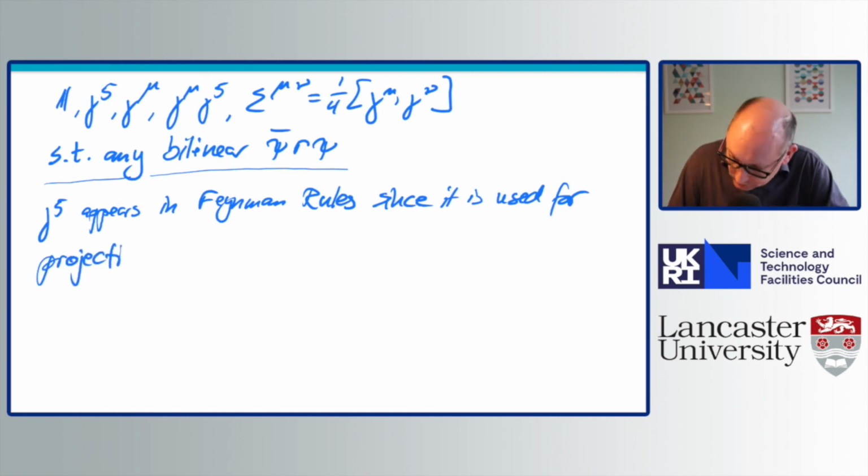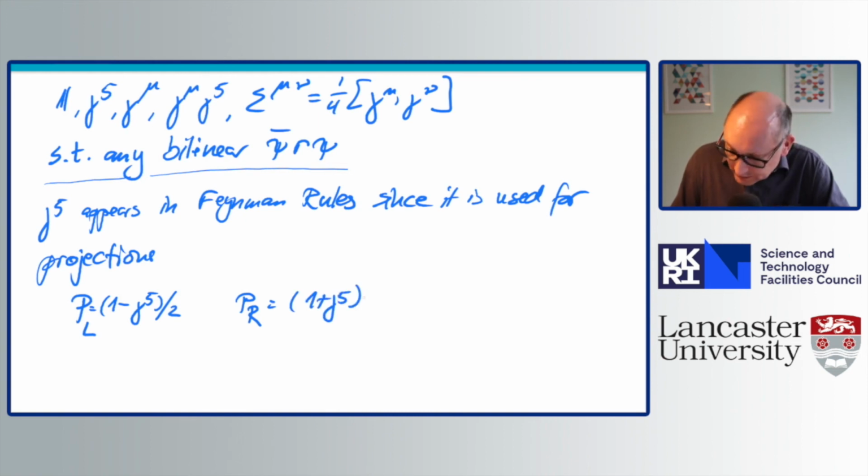So, for example, you can project to the left-handed states by multiplying by 1 minus gamma 5, and you can project on right-handed states by letting the matrix 1 plus gamma 5 act on the spinors.